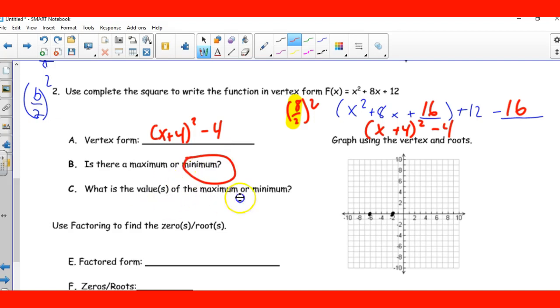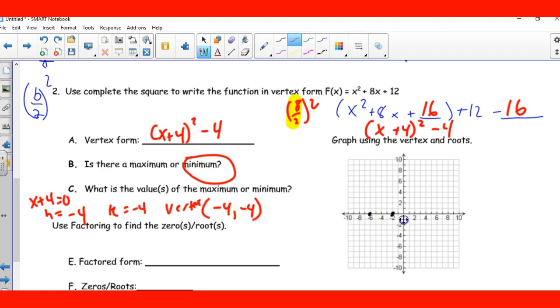It says what is the value of the max and min? Remember, now that we have a vertex form, guys, we can just solve it. Remember right here, x plus 4 equals 0. So h is going to be negative 4, and k is negative 4. So the vertex is negative 4, negative 4.